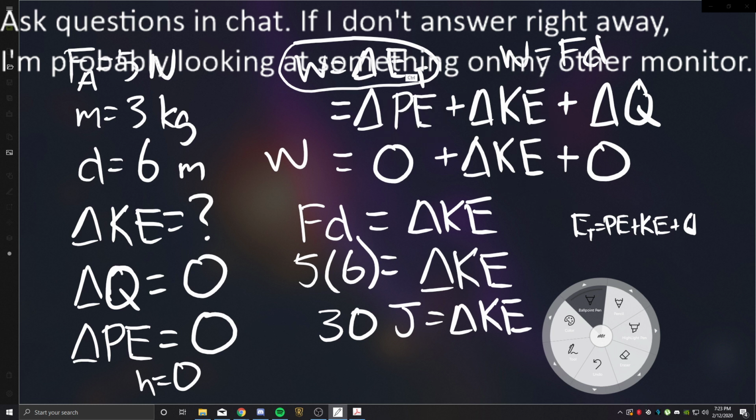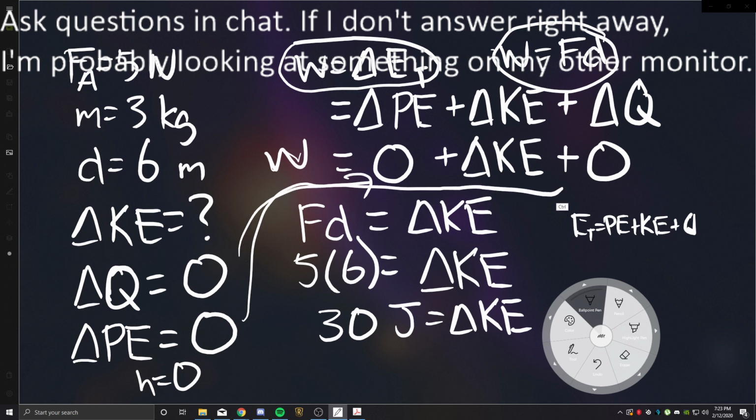But yeah, so change in total energy is equal to change in P plus change in K plus change in Q. And we know that my work is force times distance. So all I'm doing is replacing W here with FD. I'm substituting 0 from Q into there, and I'm left with that, and then I just solve.